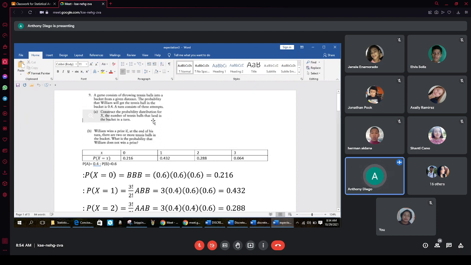Now, they mentioned that William has 3 attempts, and the probability that he gets the tennis ball in the bucket is 0.4. So that's success, 0.4, which means not being successful will be 0.6.